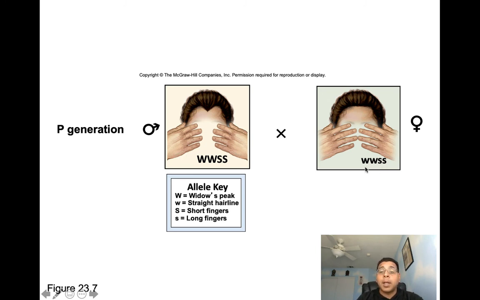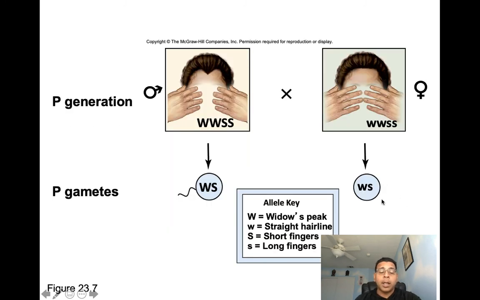And their genotype is lowercase w, lowercase s. So this parent is going to give its offspring a capital W and a capital S. This parent is going to give lowercase w, lowercase s. So let's check that out right inside of here. And you can see the P gametes have exactly that.